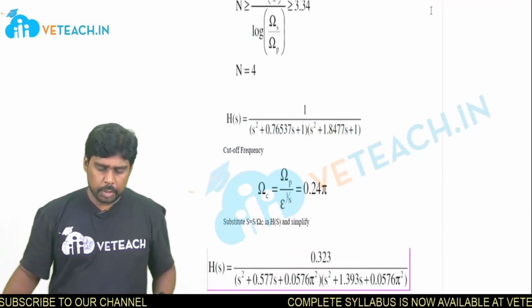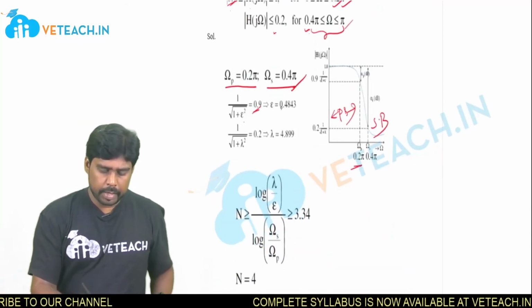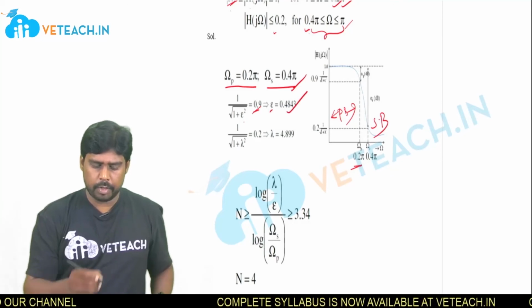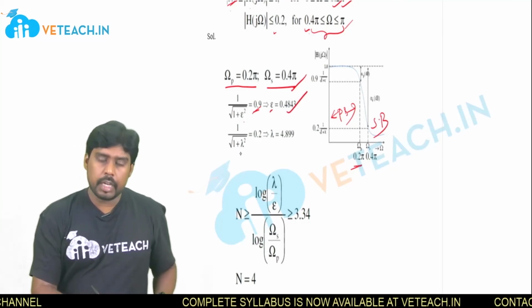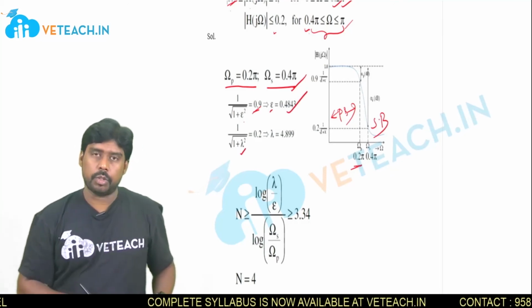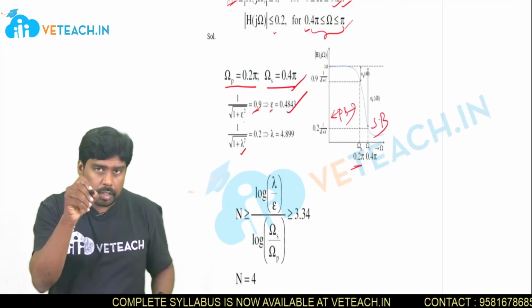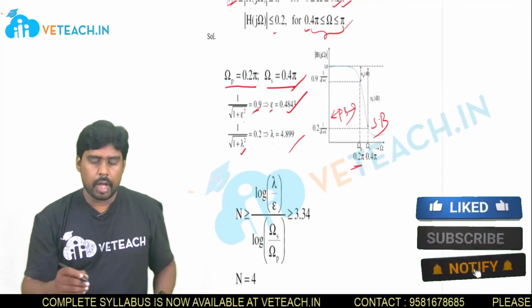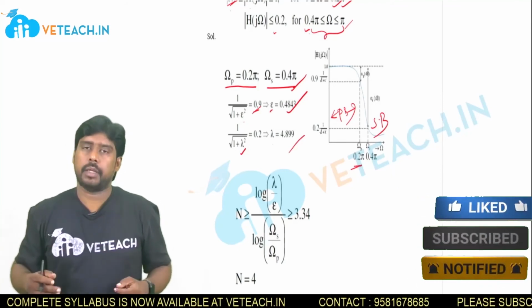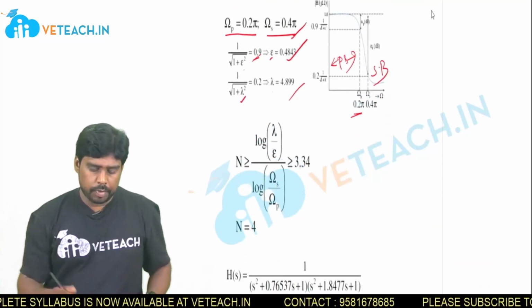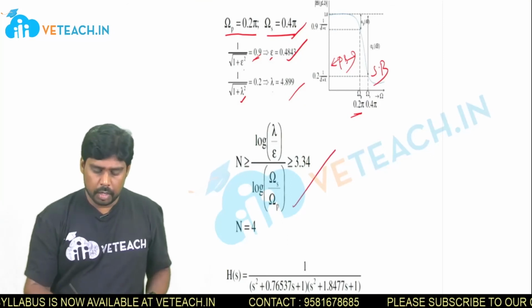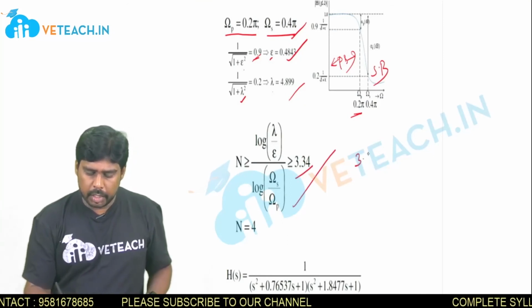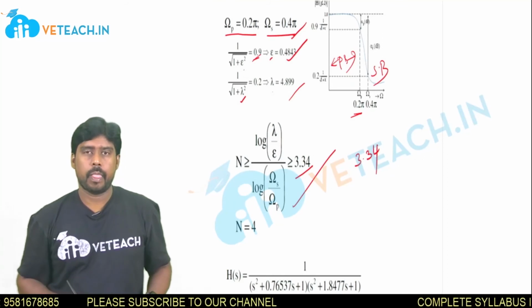So if you equate to that, you will get sigma as 0.4843. Similarly, 1 by root of 1 plus lambda square, equate it to alpha suffix s, stop band, then you will get lambda value. After finding lambda and sigma value, you know how to find the N value from this formula. Now N value you are getting 3.34.